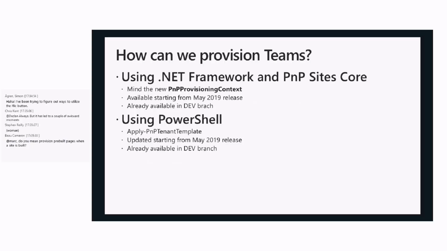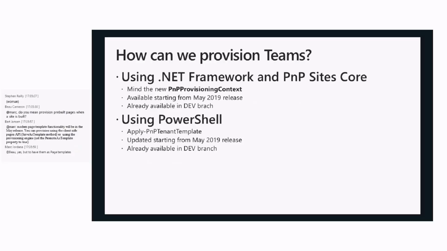And as Erwin told us a few minutes ago, there are some changes that happened under the cover of the authentication of PnP PowerShell, again, for the sake of supporting not only the SharePoint authentication, but also the Azure Active Directory open authorization model, in order to be able to use the Microsoft Graph.